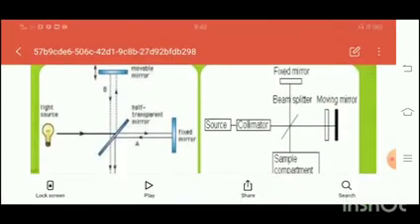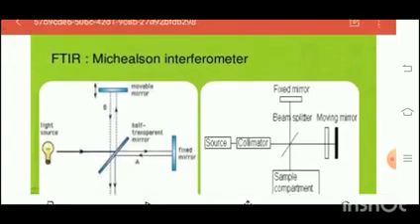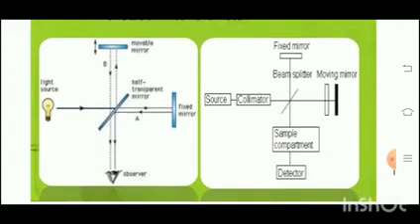So this is the instrumentation block diagram of an FTIR spectrophotometer. The source produces IR radiation, which is passed through the collimator and then through the sample.